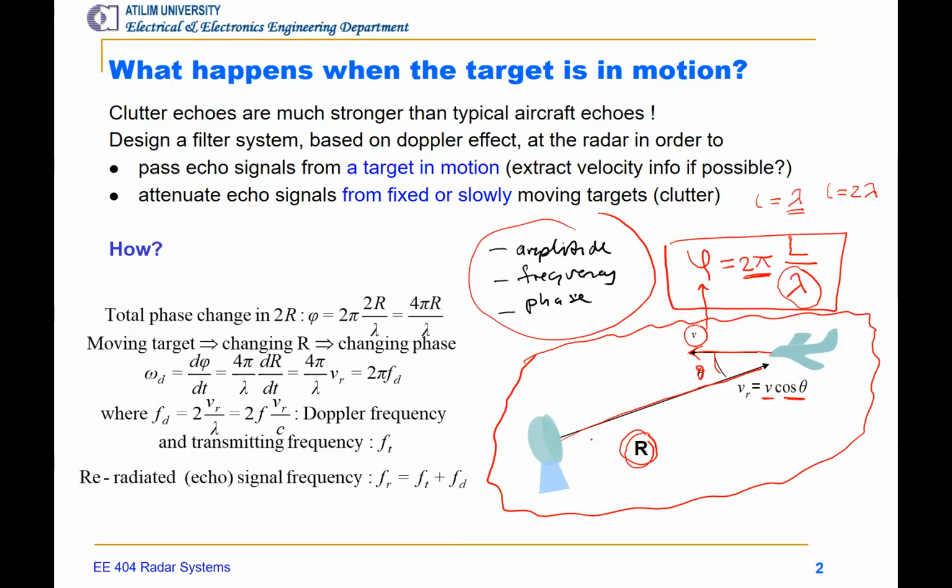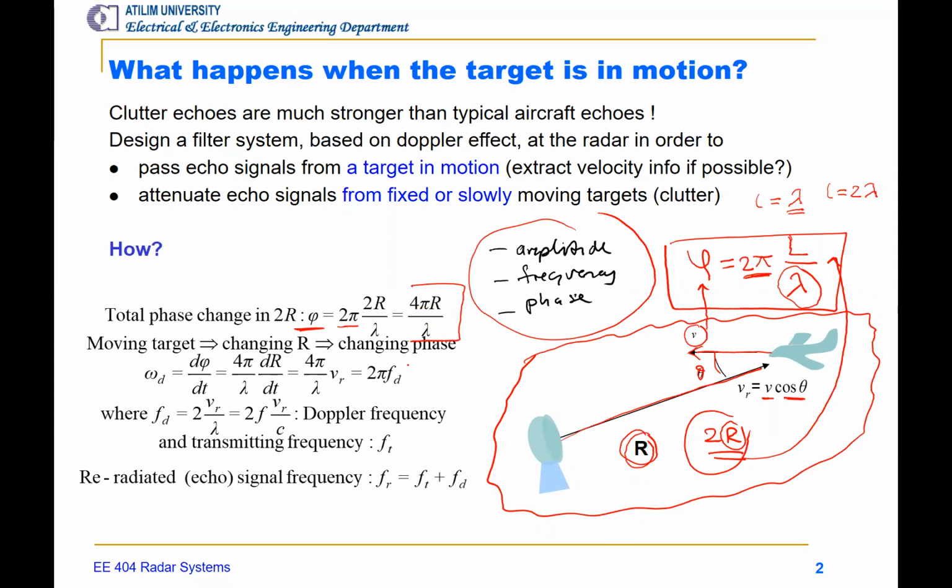Okay, now let's think about this distance and look at how phase varies with the distance. As we consider radar pulse in here, we have two-way transmission, so round trip, which means that we got 2r distance. And then if we insert this 2r into here and determine the phase, it's going to be 2 pi times 2r over lambda, or 4 pi r over lambda. So for any time instant where the distance is r, the phase is going to be 4 pi r divided by lambda.